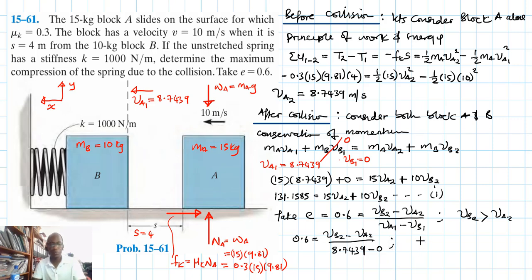Therefore, 8.7439 times 0.6 just gives us 5.2463, and this is equal to VB2 minus VA2, and this is equation 2.